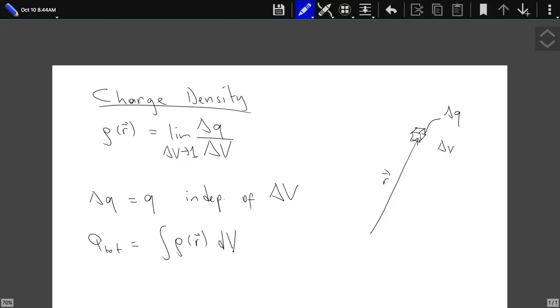Furthermore, the total charge is equal to Q, so the integral of the density should be just Q. So rho of R satisfies all the properties of the Dirac delta. It is 0 everywhere except on a single point. Its integral over a region that contains that point is finite, and it is given by Q. If we are in 3 dimensions, this will be the density corresponding to a unit charge. So that is why we need these Dirac delta functions.